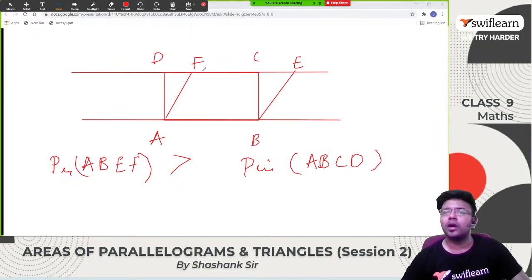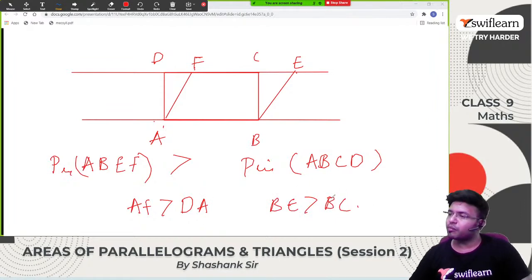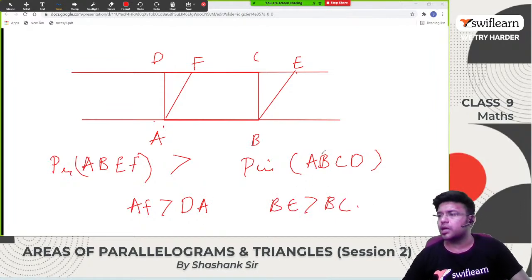AB is equal to FE in the parallelogram. So these two sides are common, both sides are equal. Now, if we prove DA is smaller than AF, or AF is greater than DA, and also if we prove BE is greater than BC, we can say the perimeter of the parallelogram is greater than the perimeter of the rectangle.